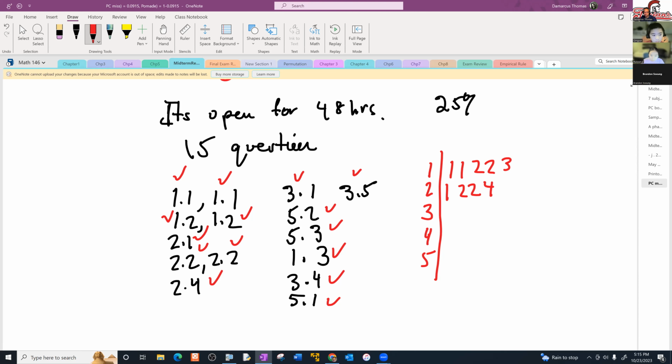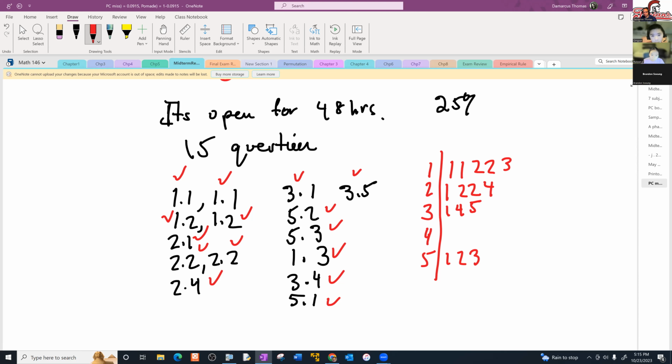That's another 4, so that's 9. From 3, we have just 1, 4, and 5. Nothing from 4. And then 1, 2, 3. I think this covers it. Yeah, that looks like 15 in total. And so there's my stem plot.